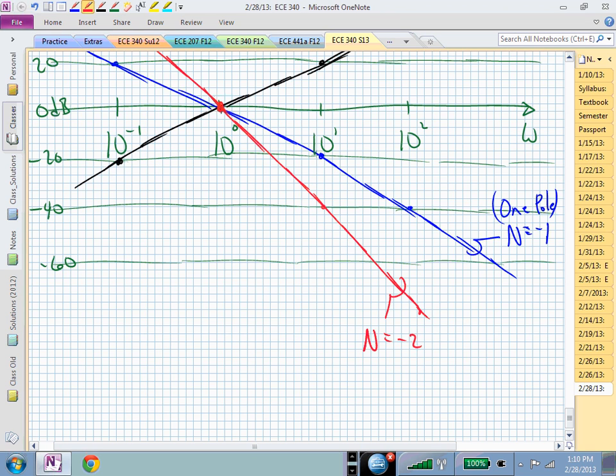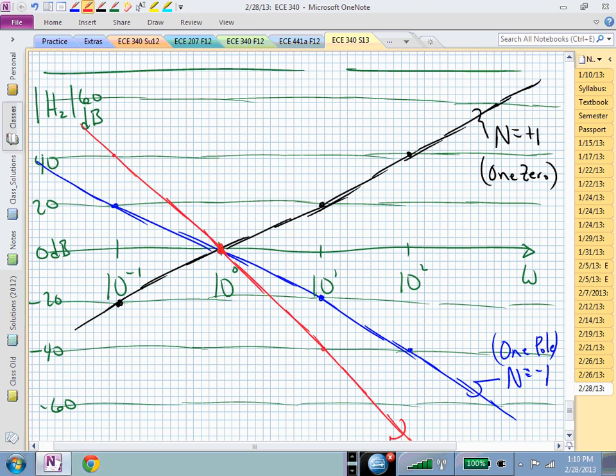What's the DC gain of a pole at the origin? So now think a little bit. Where is DC on this horizontal line? I want to make sure this is clear.